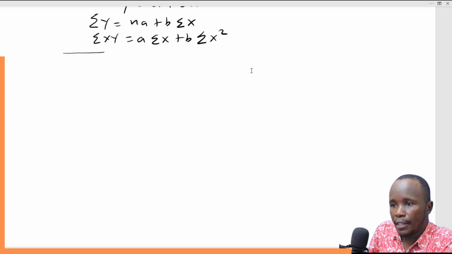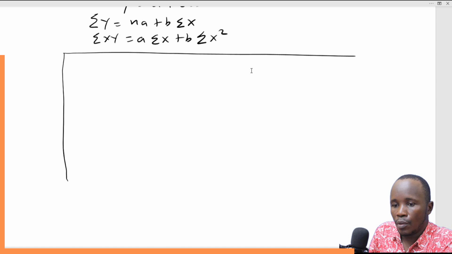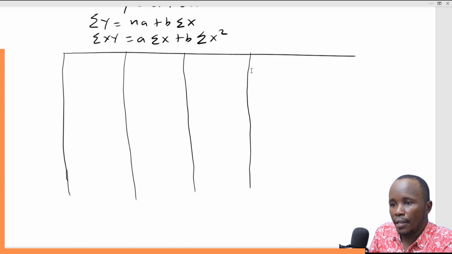I want to create a table where I'm going to have my x, my y, my xy, and x squared.